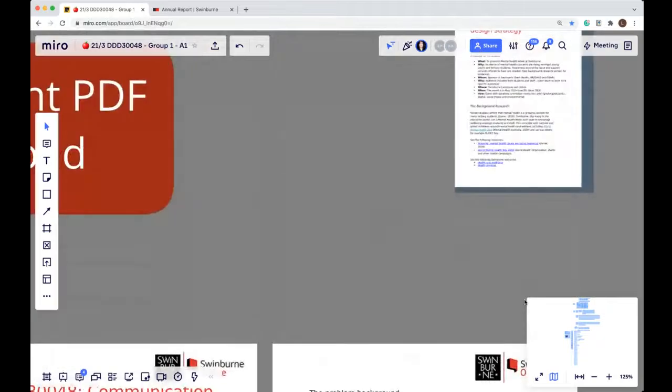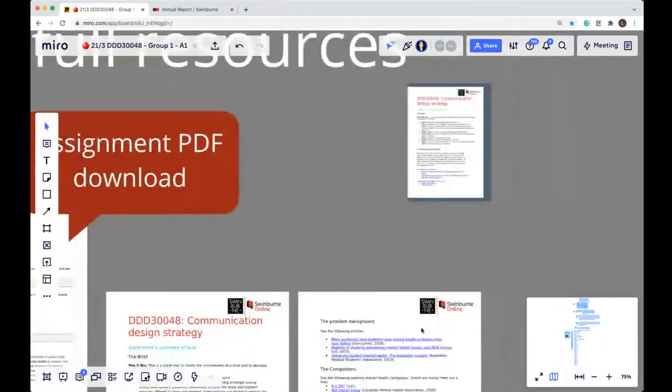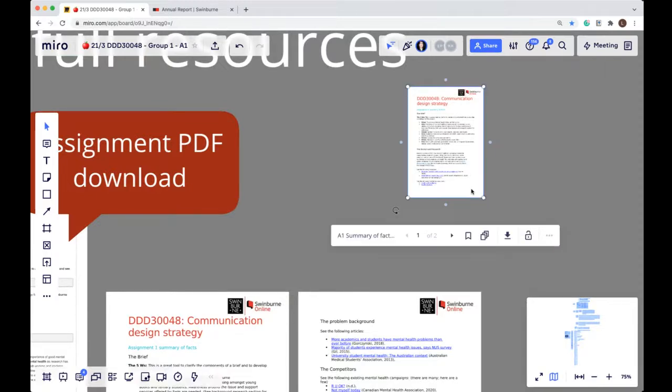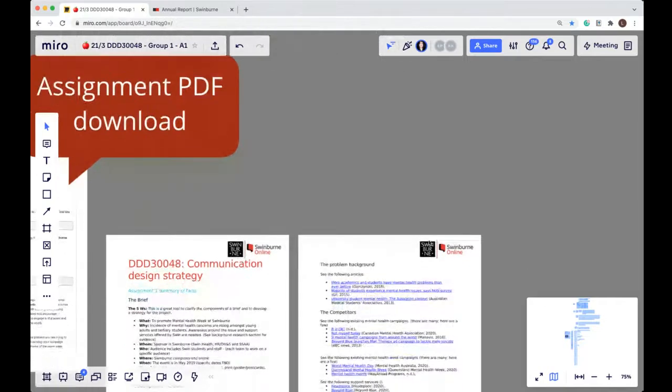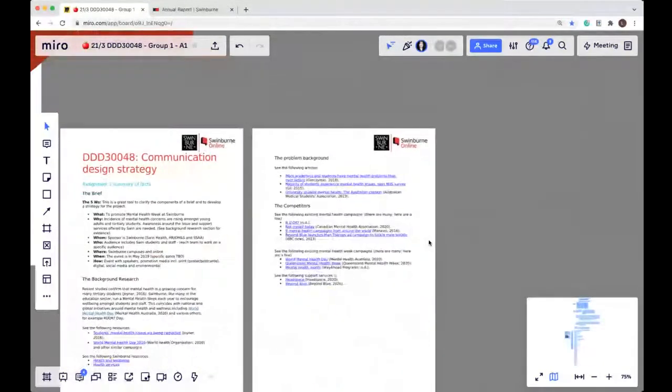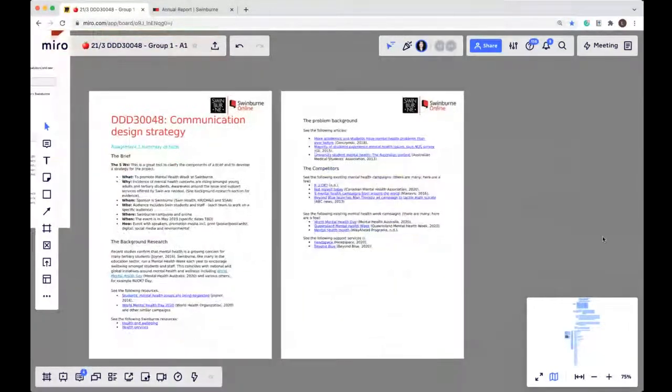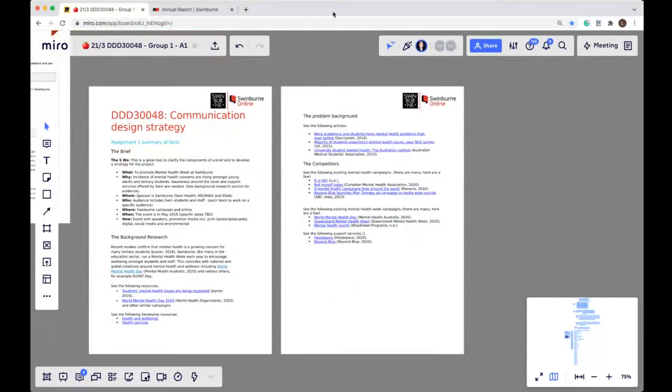I've put that on Miro board in the useful resources section. I'm not sure if you can download that as a doc. Oh yeah, you can. It's a Word doc. You don't need this one. So that should help to get you off and running with that stuff as well.